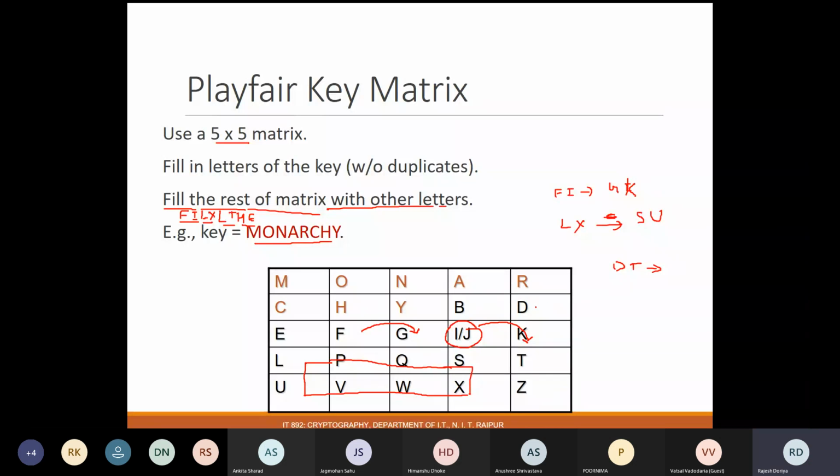So in this case, D will be replaced by K and T will be replaced by Z. So this will be the encryption for DT. So this is how the encryption takes place in your Playfair cipher. So this is polyalphabetic. Okay, is there any doubt?